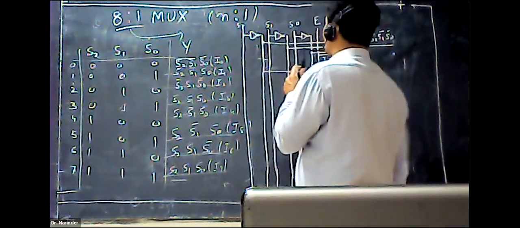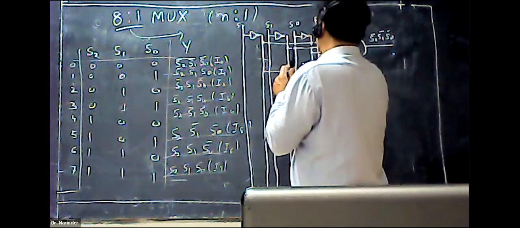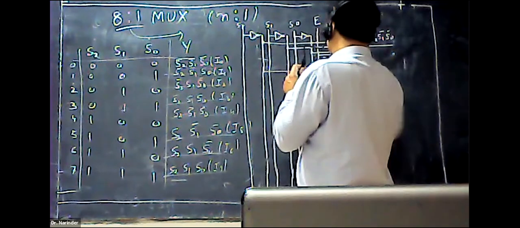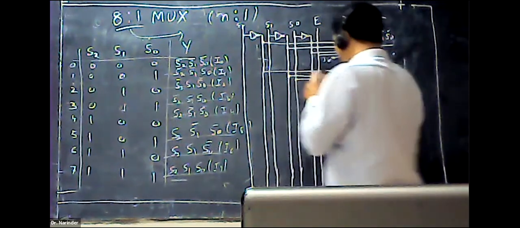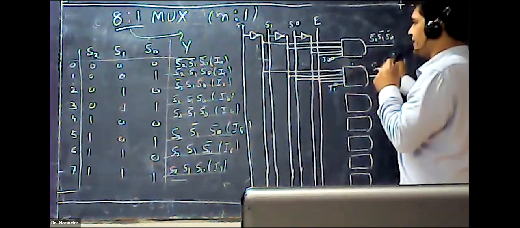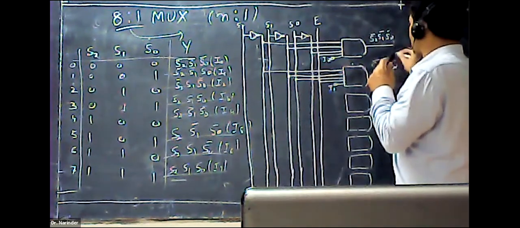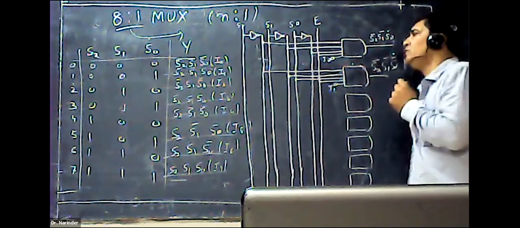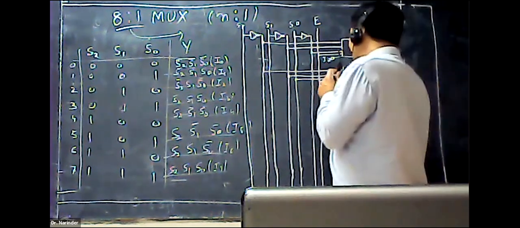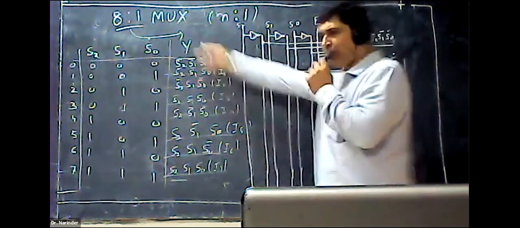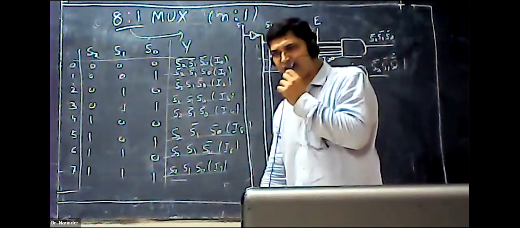Then there is S1 bar. Then there is S0. This is enable. And here is I1. Similarly, you can make the connections up to I7, according to this.